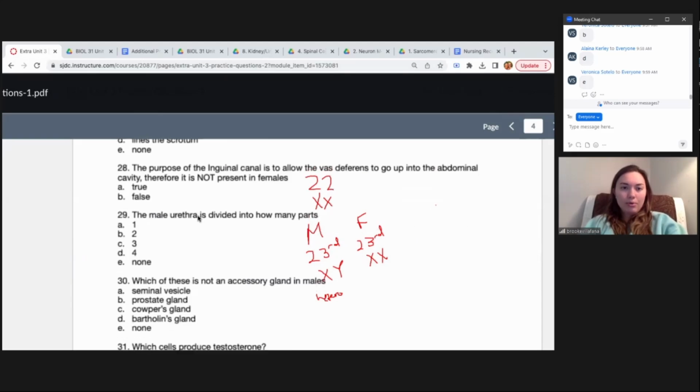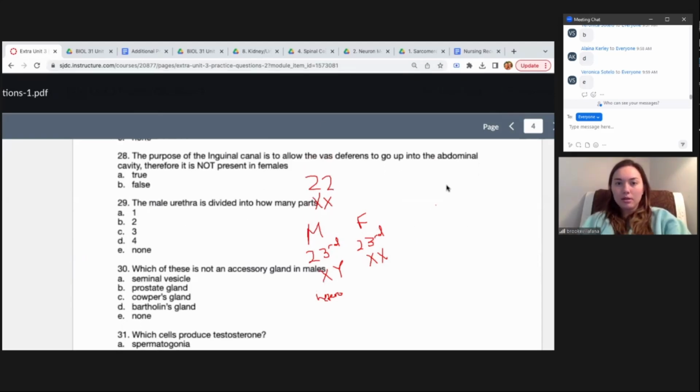Okay, question number 28. The purpose of the inguinal canal is to allow the vas deferens to go up into the abdominal cavity. Therefore, it is not present in females. Is this true or false?